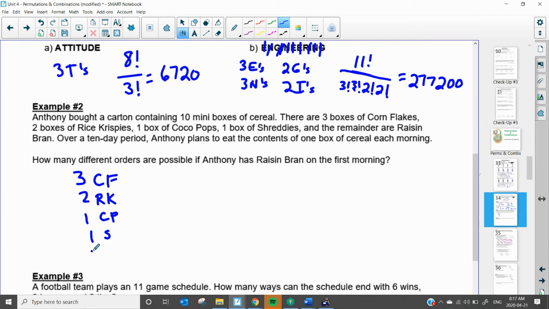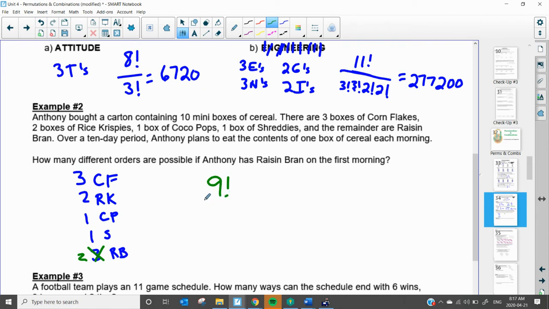So that must mean that there are 3 boxes of Raisin Bran if this has to add up to 10. The question says, over a 10-day period, Anthony plans to eat the contents of 1 box of cereal each morning. But it asks you how many different orders are possible if he has Raisin Bran on the first morning. So now he's already eaten a box. So now there's only 2 Raisin Bran left, meaning there are only 9 boxes of cereal.